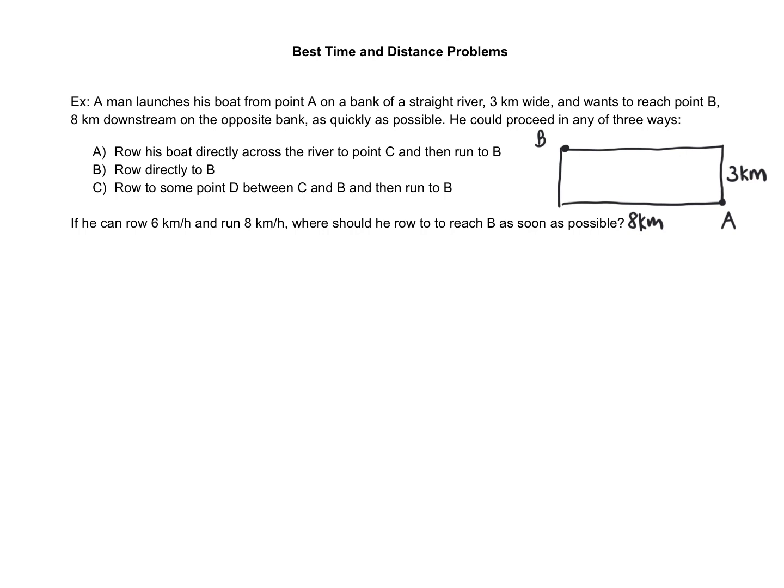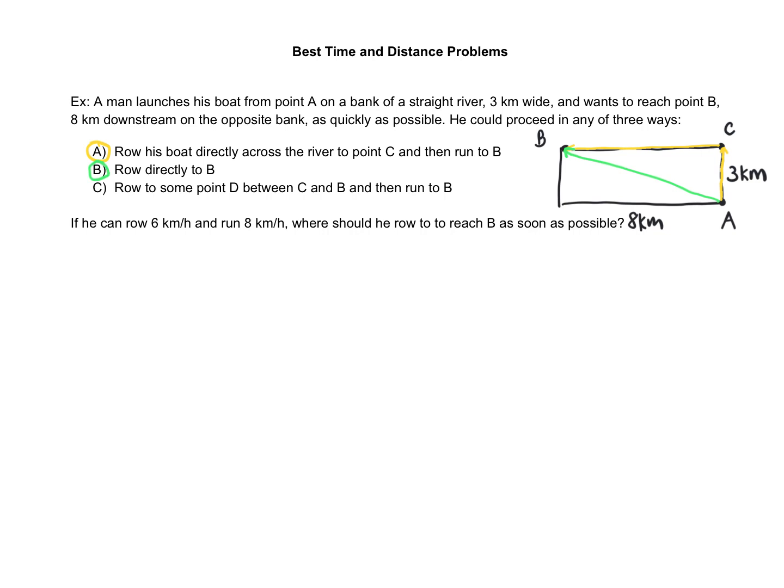A, row his boat directly across the river to point C. So let's say this is point C. So we go directly across and then run to B. So that's option A. Option B, row directly to B. So go directly across.